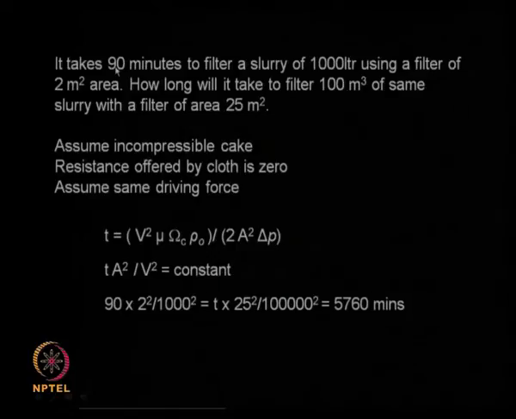Initially it is given as 90 minutes to filter 1000 liters using a 2 meter square area filter setup. So 90 into 2 square divided by 1000 square.